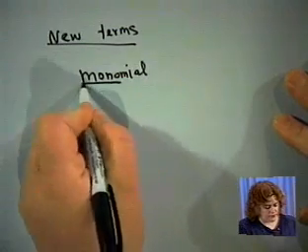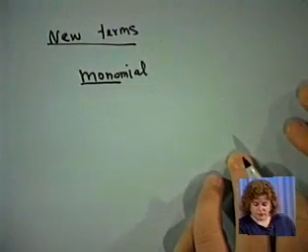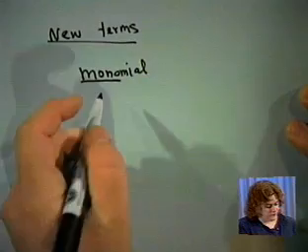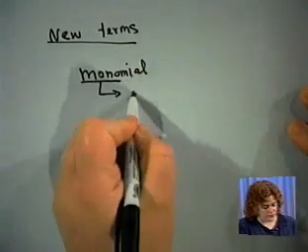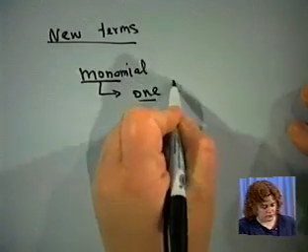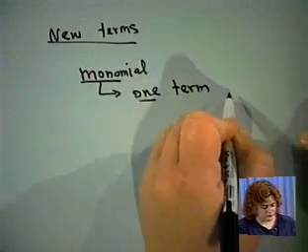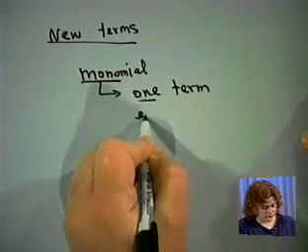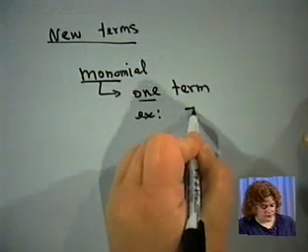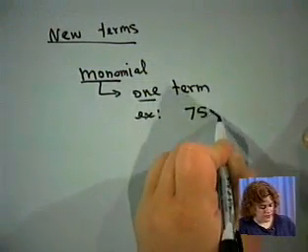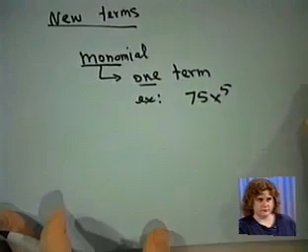From here, you might see the word mono, which means one, and that can help you remember that this is one term standing alone, such as 75 x to the 5th power.